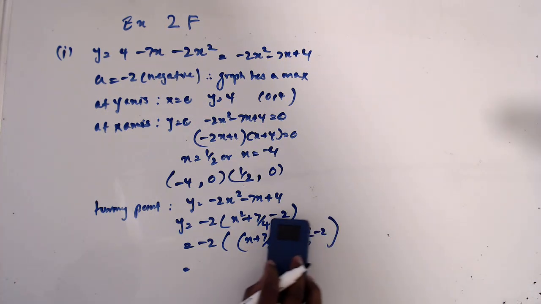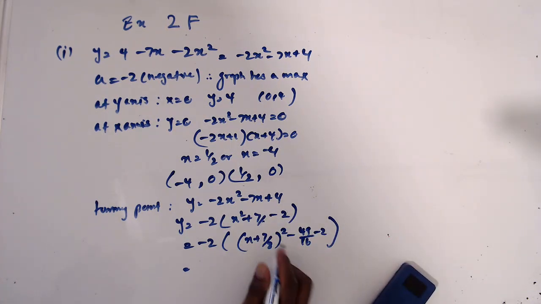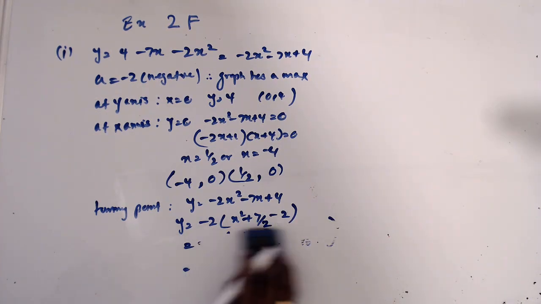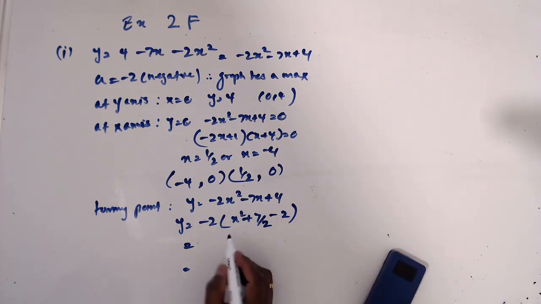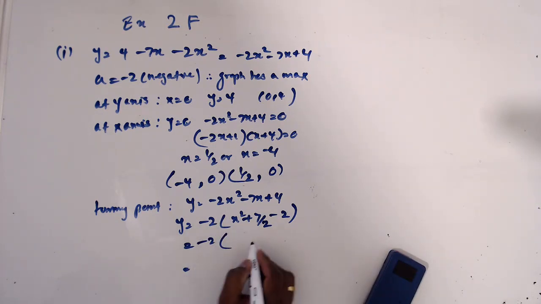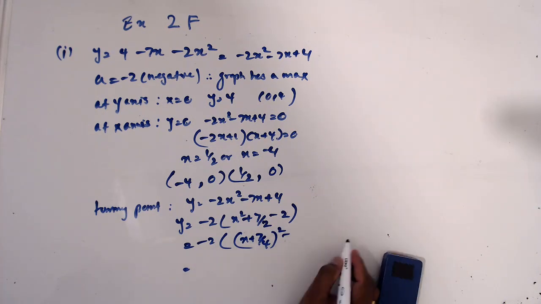And here, sorry, 7 over 2 squared, then minus 2x, 4 squared.